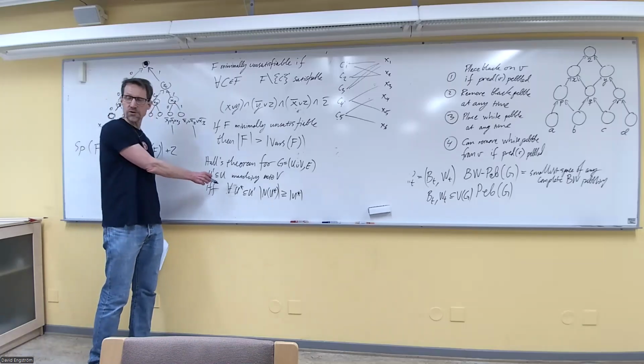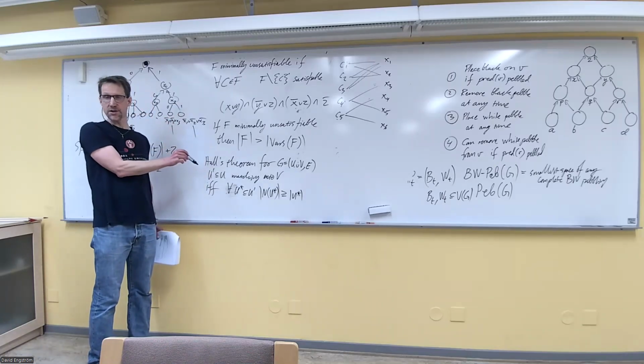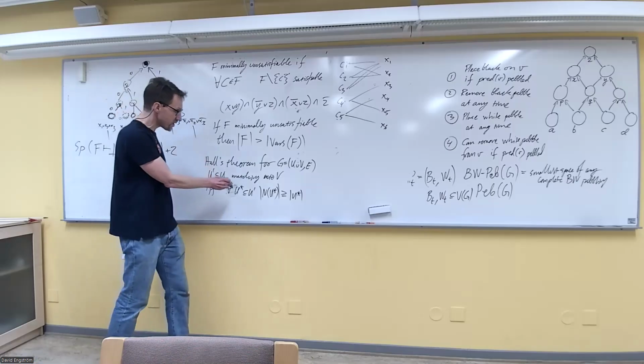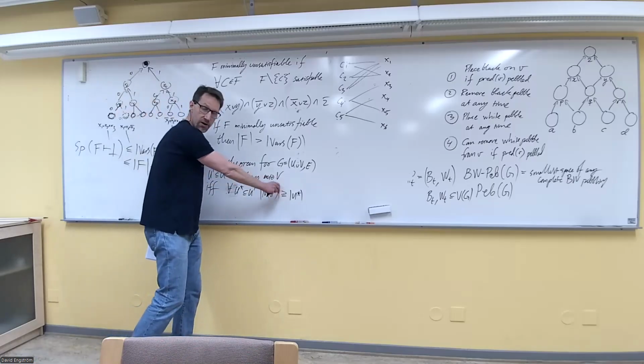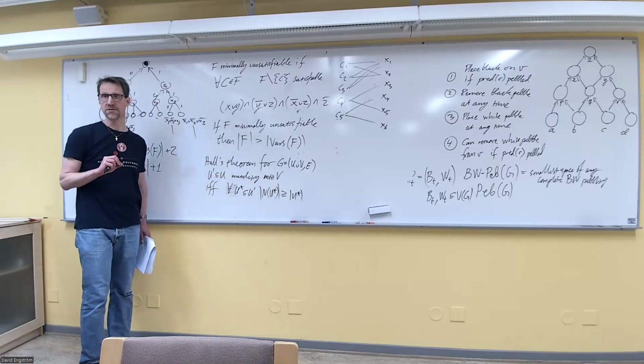Note that, as we all know, this is a necessary condition for a matching, because if there is a matching, then I can just take that matching and read off this, but it's also a sufficient condition.